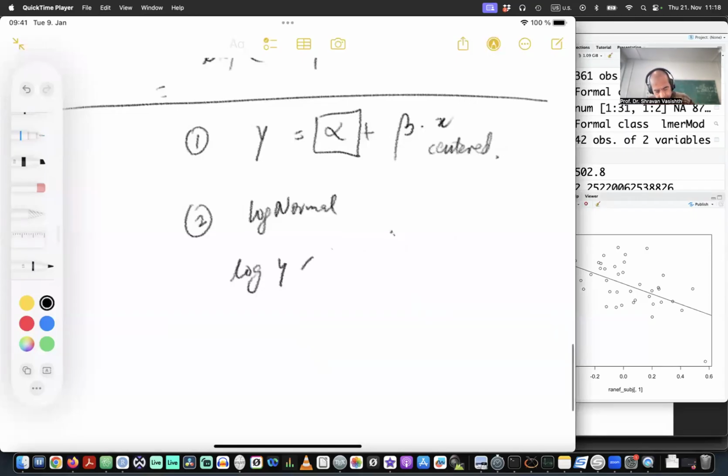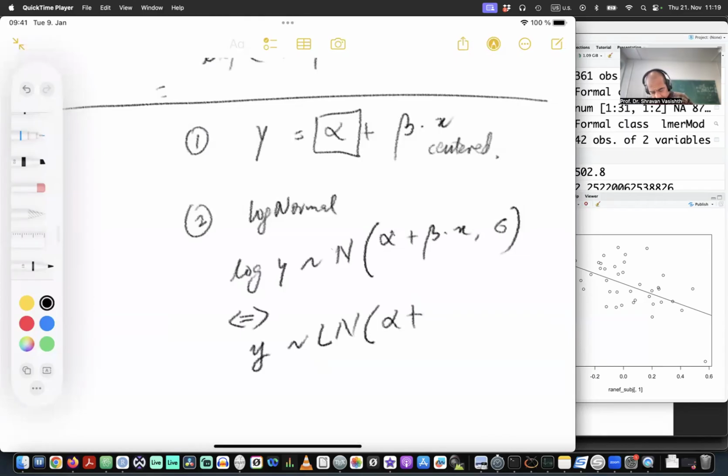If I'm assuming that the log transformed data are coming from a normal distribution, this is the same thing as saying that y is coming from a log normal with the same parameters alpha and beta times x, with sigma as the standard deviation.